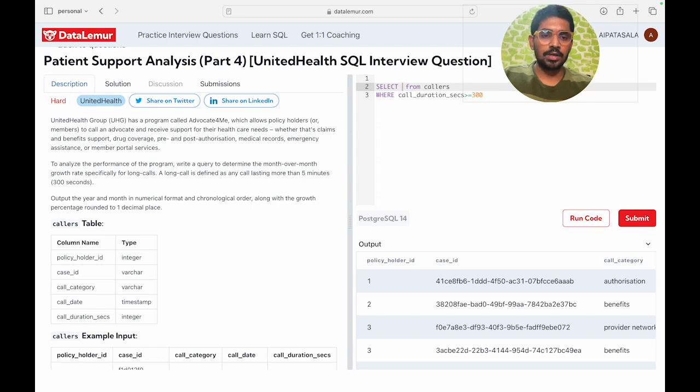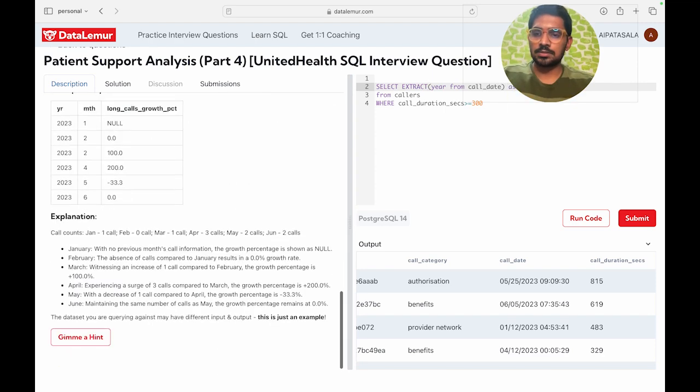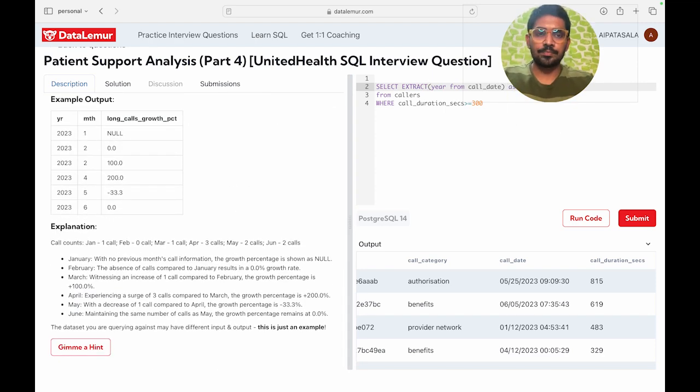Year, how to get a year. Call date, extract year from call date as YR.